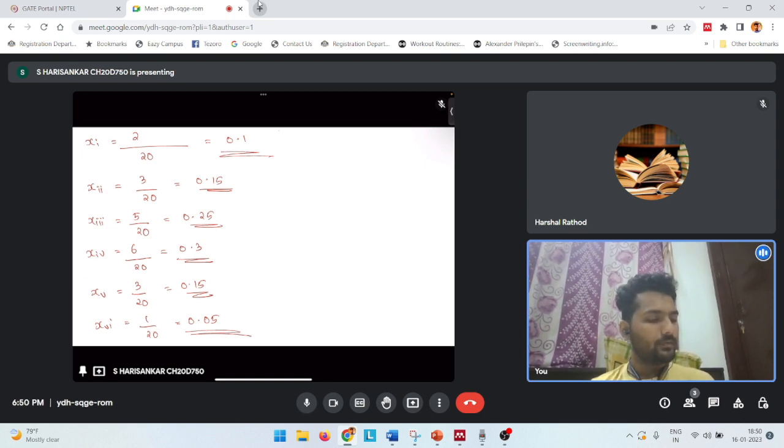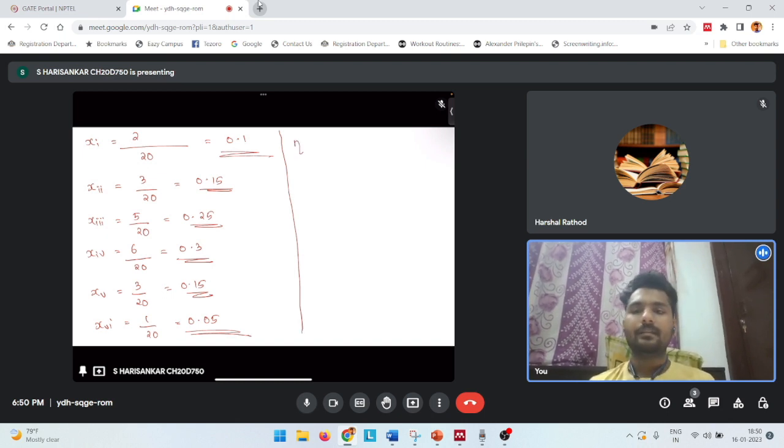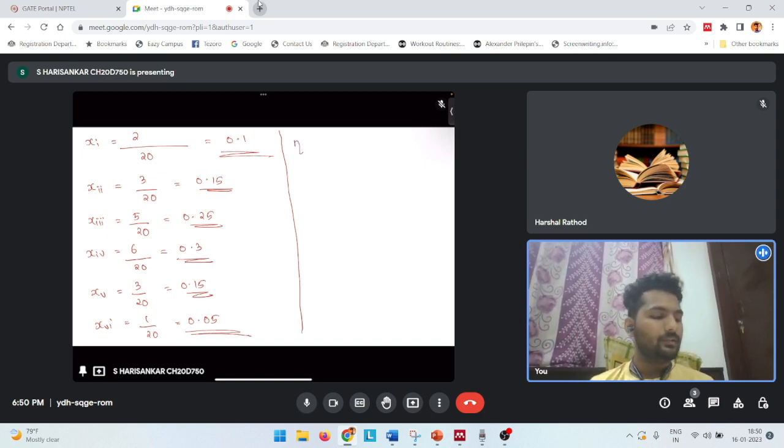Now all we have to do is substitute the etas and the mass fractions x in the overall equation for collection efficiency. So eta overall will be eta1 x1 plus eta2 x2 plus etc. up to eta6 x6.